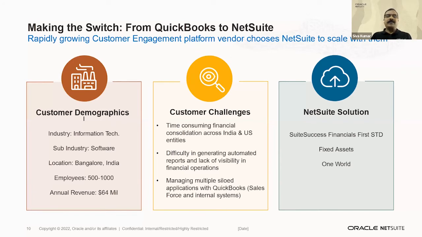So these are all the things they were looking for, and it's pretty clear that NetSuite had and has all the answers. They have been our customer and the implementation is happening right now. Moving on to the next one.